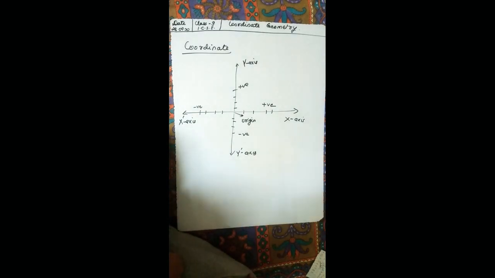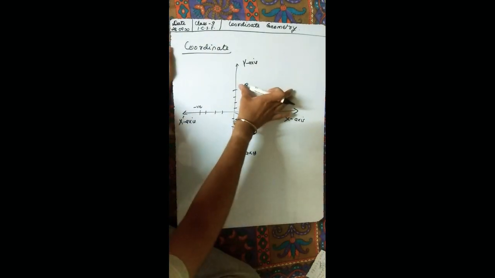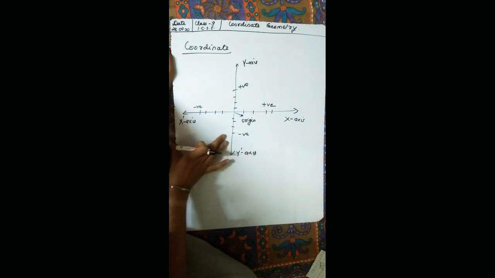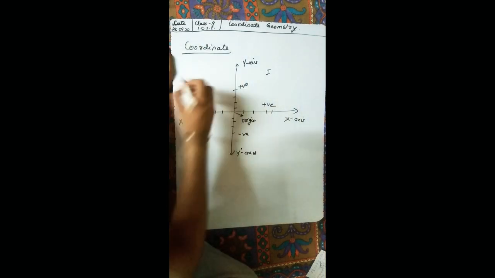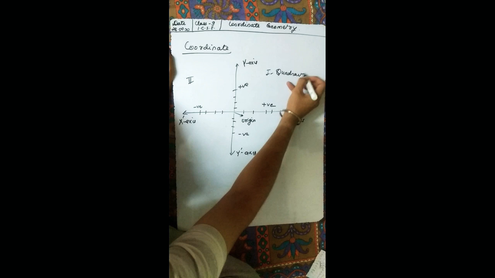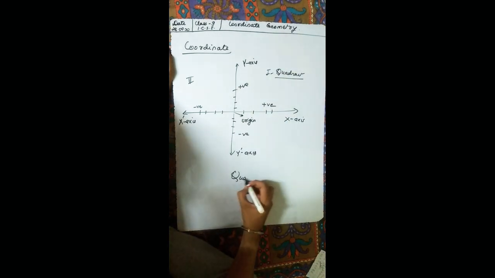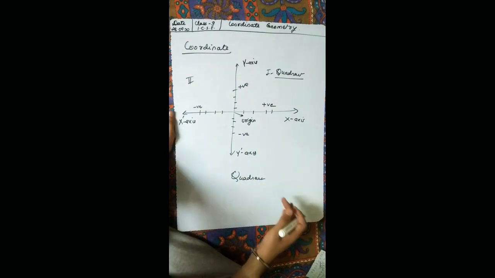Now we name each of these planes as a quadrant: first quadrant, second quadrant, third quadrant, and fourth quadrant. This is called the first quadrant, this is called the second quadrant. Why has the name quadrant been given?